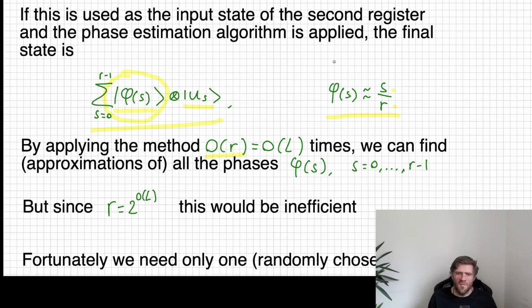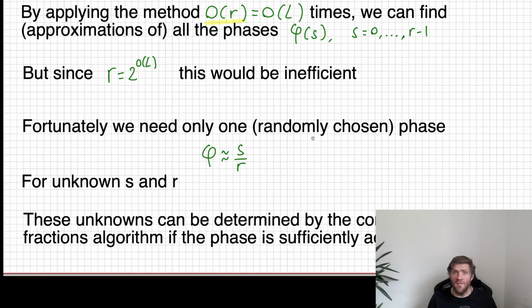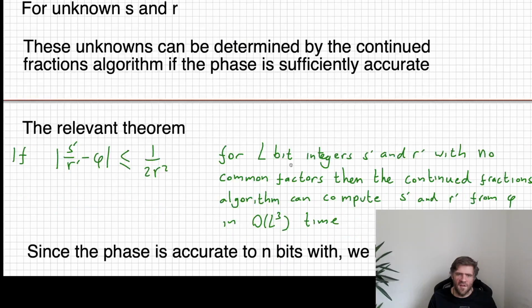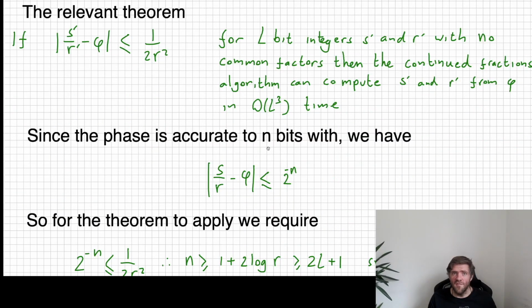So the way this works is that we use the continued fractions algorithm. The continued fractions algorithm goes by this theorem that I'm going to scroll up to now. You can see that scrolling is incredibly slow, which is the main reason for all cuts in this video.